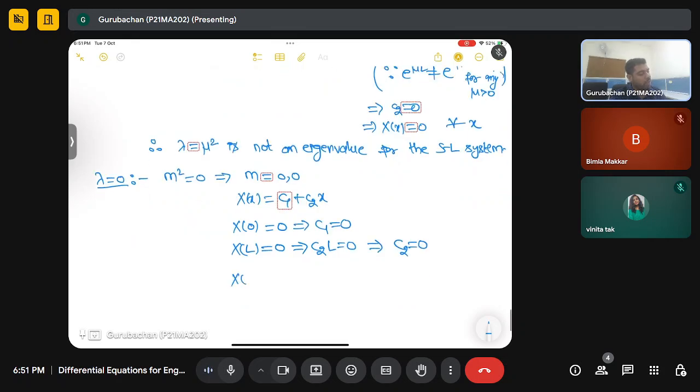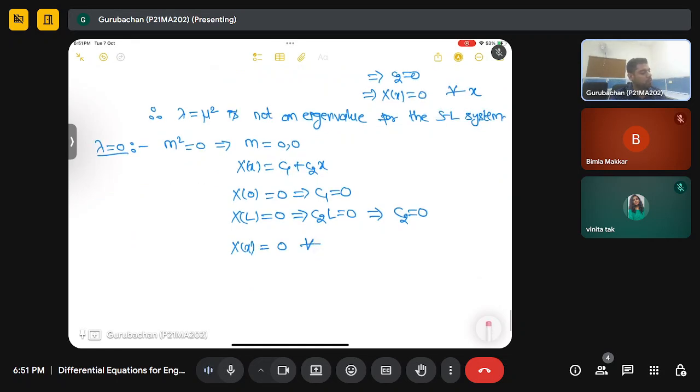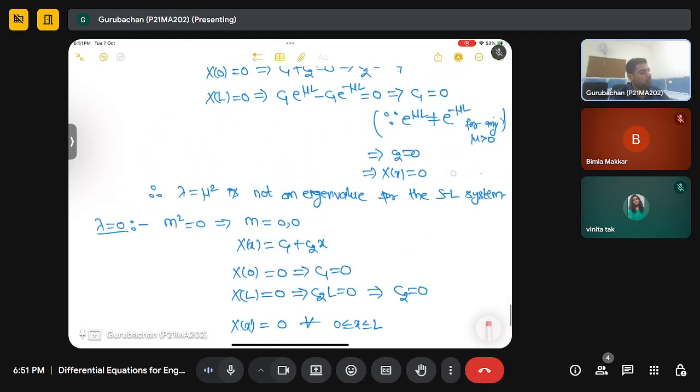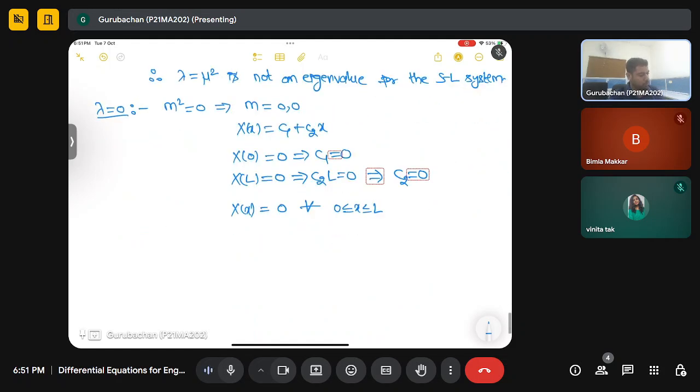Again you will get X(x) is 0 for all x between 0 and L. So therefore, lambda equal to 0 is also not an eigenvalue of the SL system.